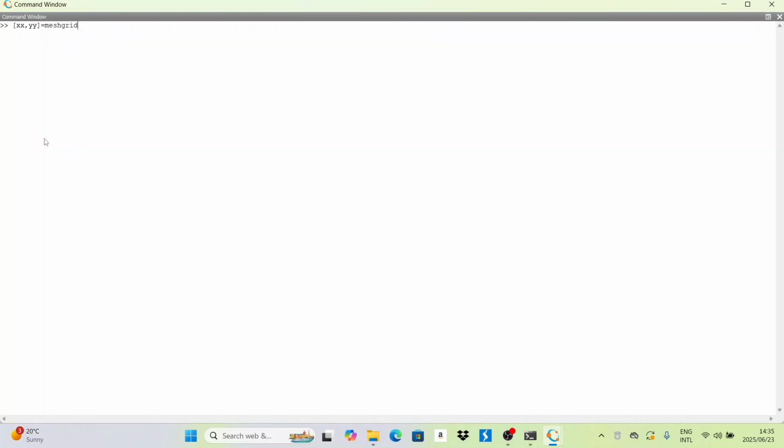Having our meshgrid, and then in our meshgrid we're having that -7, and then we put a colon there, and then 0.3, then we're going to put another colon again, 7, and then comma.